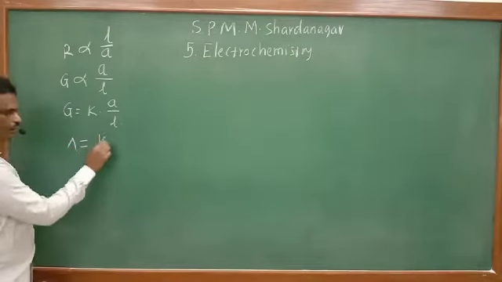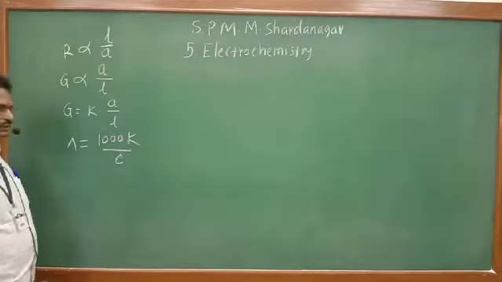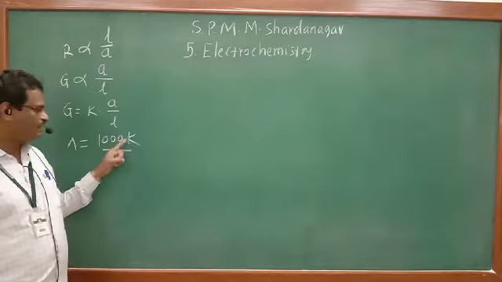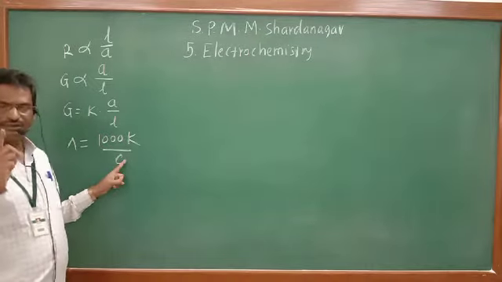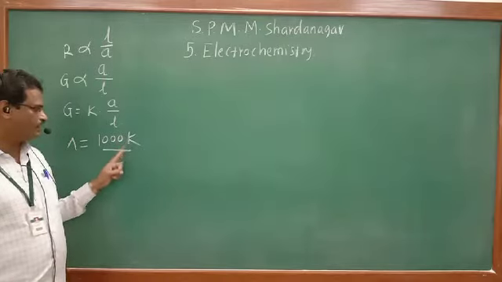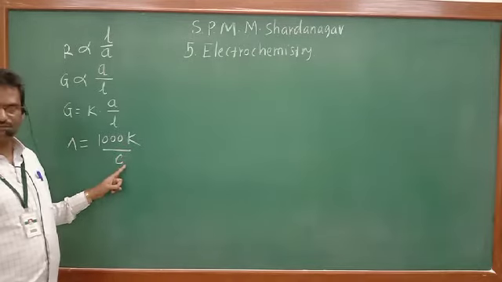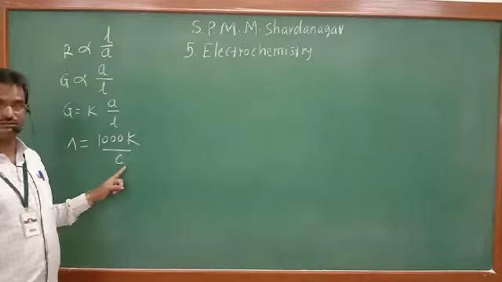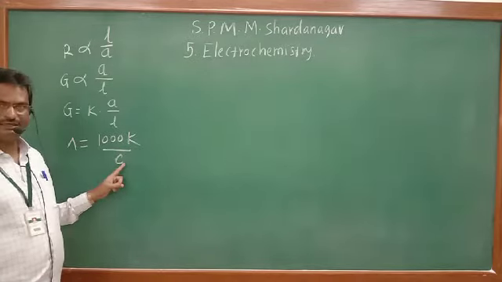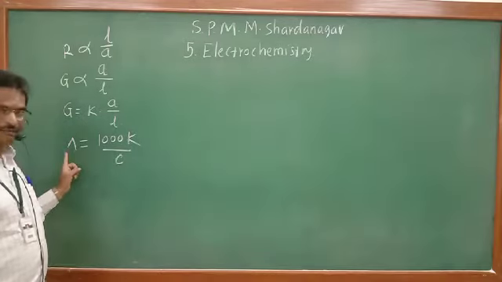Capital lambda will be equal to 1000 K upon C, and from this relation you will easily come to know that K and C are directly proportional to each other. Conductivity and concentration are directly proportional to each other, because their ratio is constant, equal to lambda.